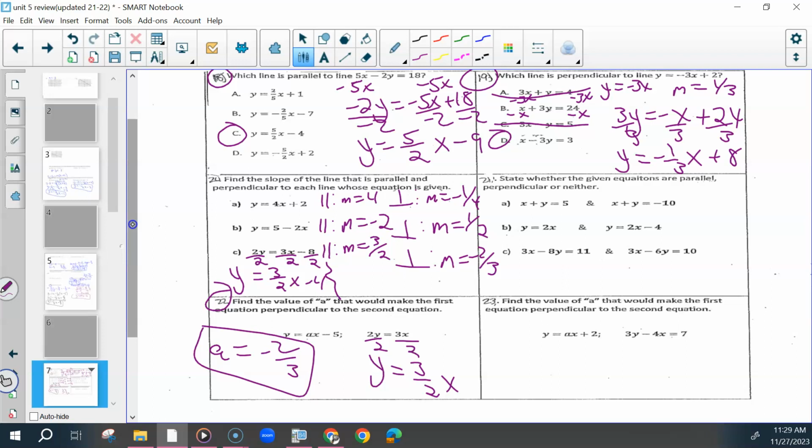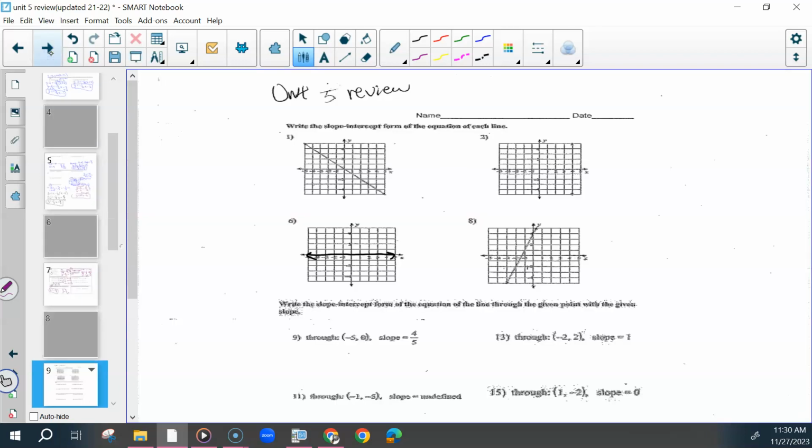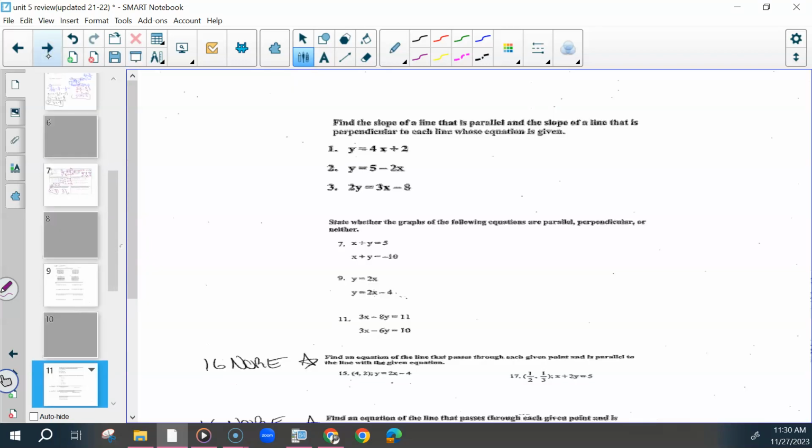The next page is more writing. We kind of touched on those already, so go on to the next page. The page that looks like this has questions very similar to the questions we just did. 1, 2, and 3 are number 20 that we just did. 7, 9, and 11 are 21 from the previous page.